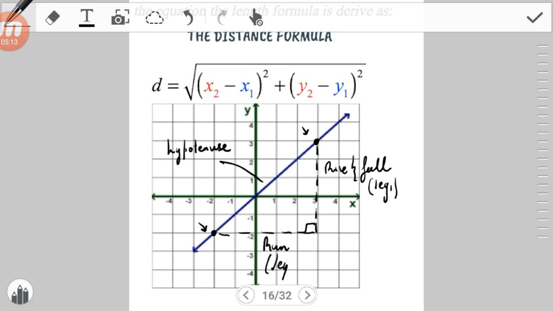That's what I was trying to explain in the description up top: according to the Pythagorean theorem, if we wanted to find this side here, then this side squared is exactly equal to this side squared plus this side squared. So we know that this is the rise distance, and from the previous tutorial we know that the rise is the difference between the y values.